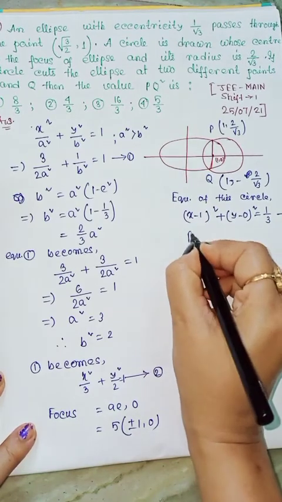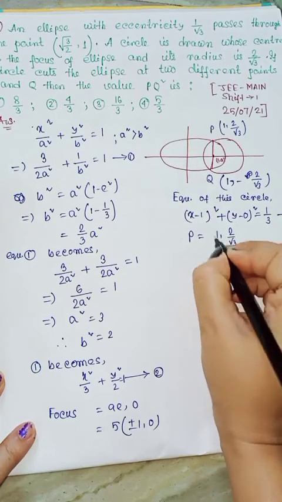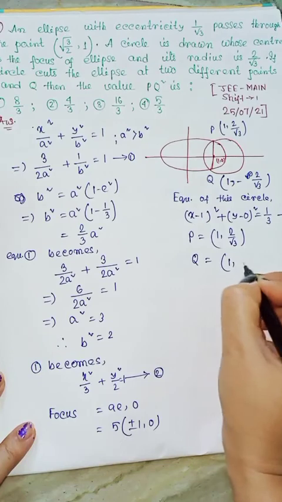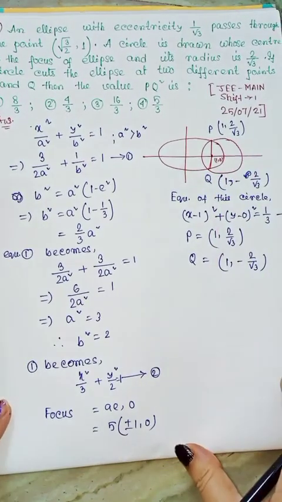So now we get P is equal to 1 comma 2 by root 3, and Q is equal to 1 comma minus 2 by root 3, also shown in the picture.